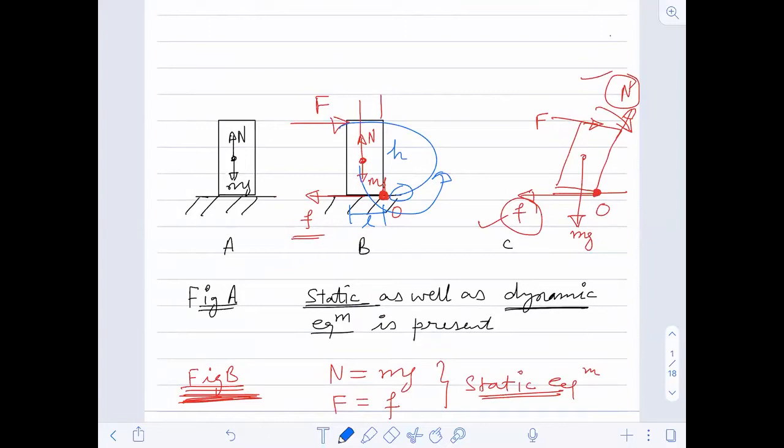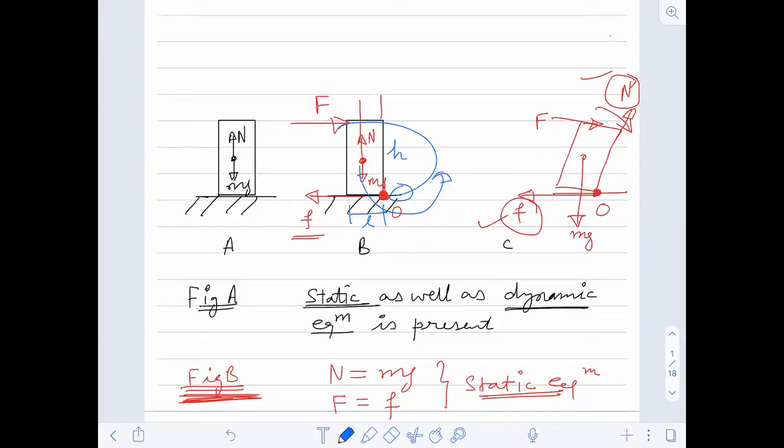If the line of action for the normal does not shift, the torque of the normal reaction gets cancelled by the torque of mg. Friction is not going to give me torque about that point O in figure B. So for any heavy block, if you apply even a very small force, that bigger body is going to topple.